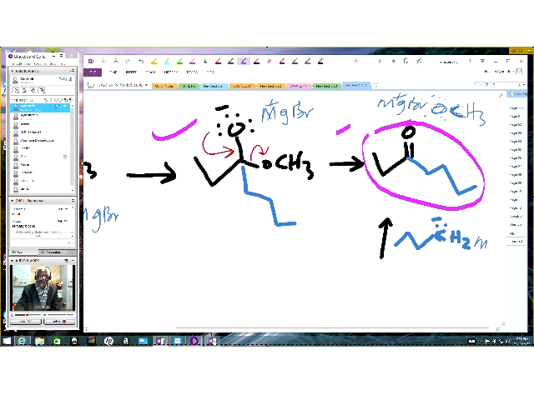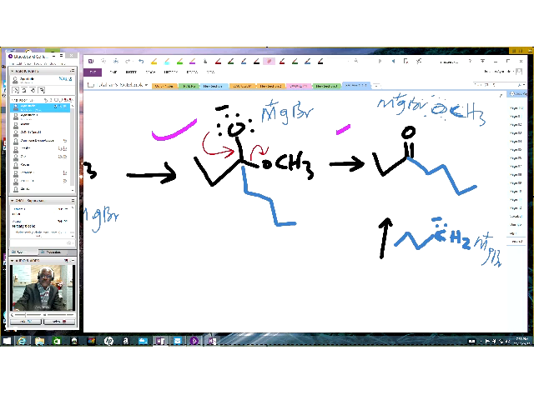Let's have magnesium and bromine here, positively charged magnesium. So now, reacting as a nucleophile, attacking the electrophilic carbon of the carbonyl, the pi electrons go to oxygen.